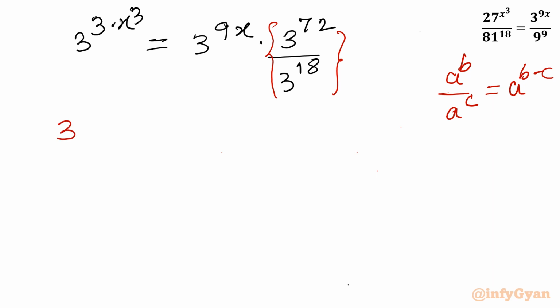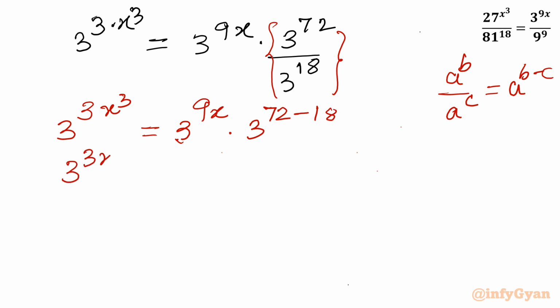So I can write 3^(3x³) equal to 3^(9x) times 3^(72 minus 18). 72 minus 18 is 54.